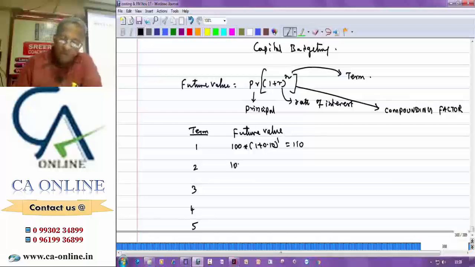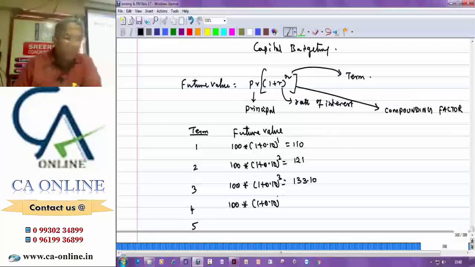100 into 1 plus 0.10 to the power 2, 121. 100 into 1 plus 0.10 to the power 3 is equal to 133.10. 100 into 1 plus 0.10 to the power 4 equal to 146.41.